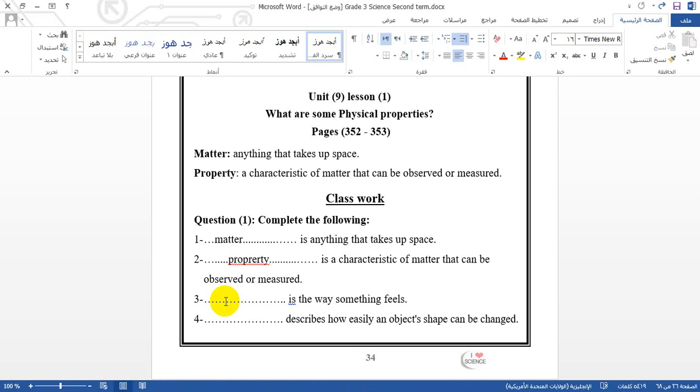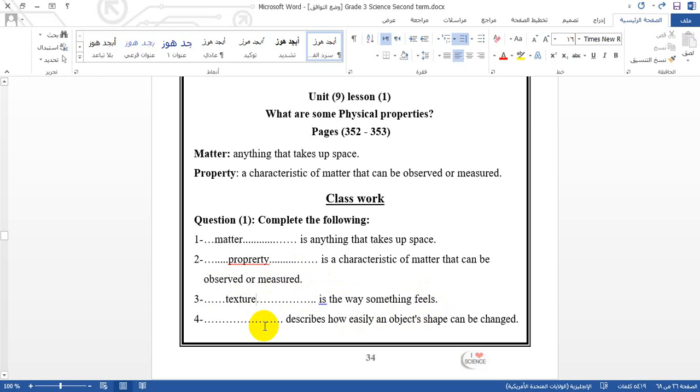Number 3, guys, try to remember. Texture. The texture of the matter or of the object will help you find the way something feels, if it's smooth or soft or rough or whatever.